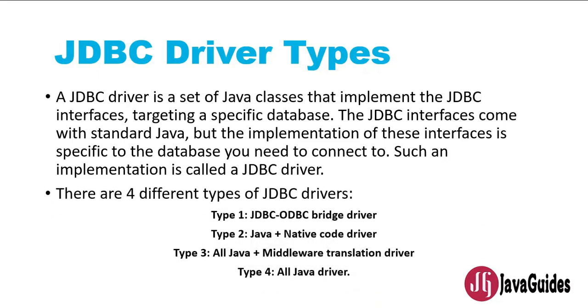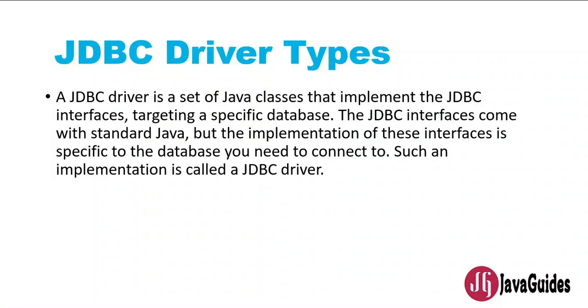For example, if you want to connect to a MySQL database, you should configure the MySQL JDBC driver, which provides the implementation for the JDBC interfaces. Similarly, if you want to connect to an Oracle database or any kind of relational database, they offer their own JDBC driver, which provides the implementation for the JDBC interfaces.